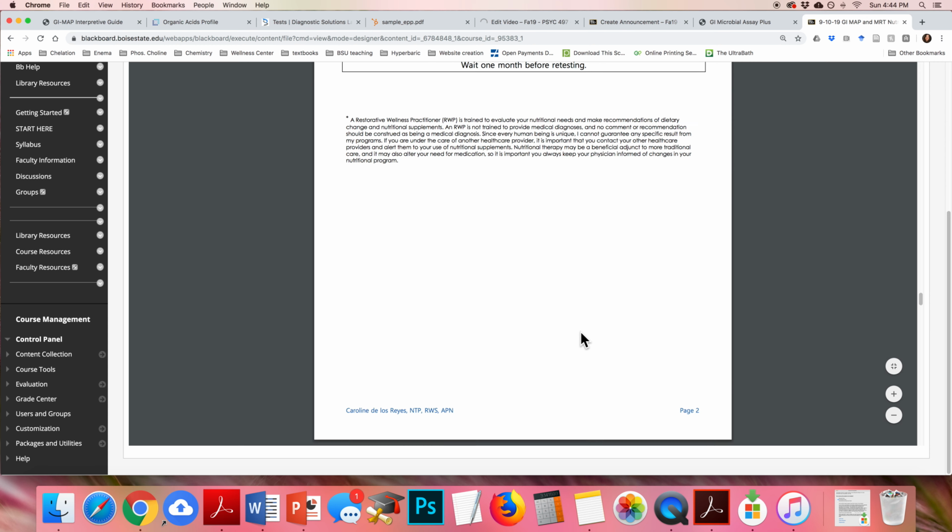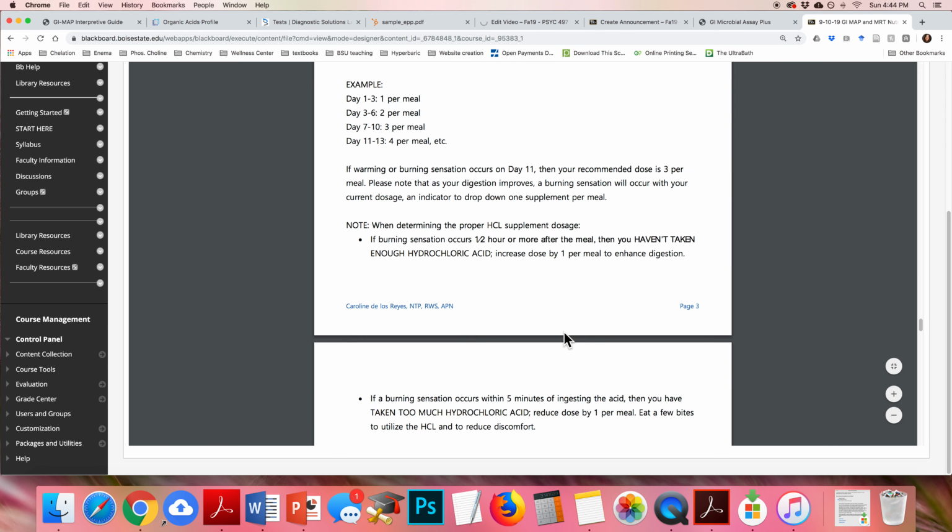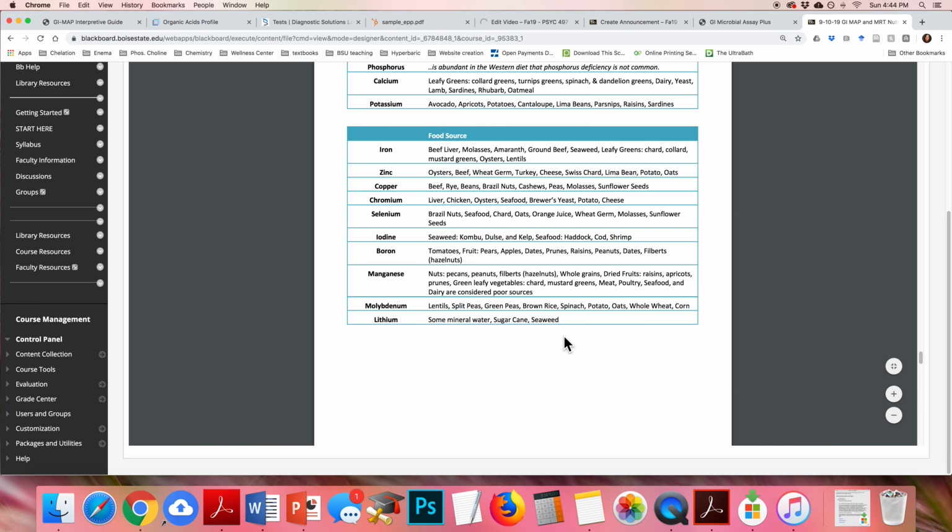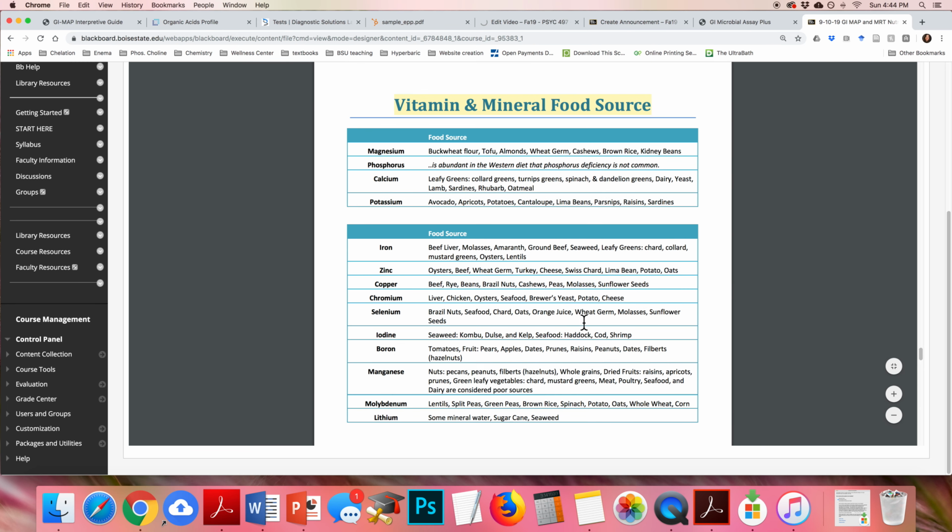Carolyn really goes into depth, and she's not the only one that can make these protocols. Another thing to consider is that from the GI map, there are foods that you can consider using instead of supplements to address the issue. That's something a functional nutritionist can help you work through.